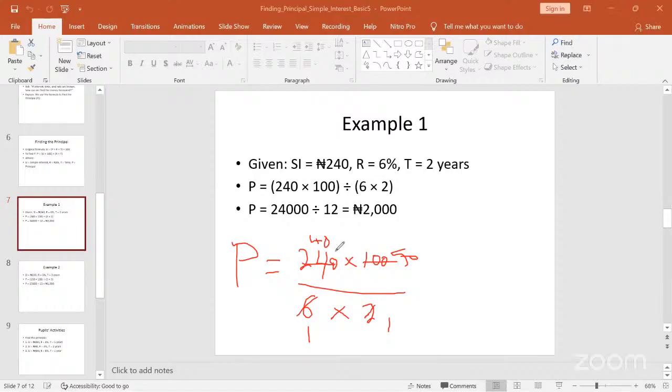So that makes it 40. 6 times 40 will actually give you 240.